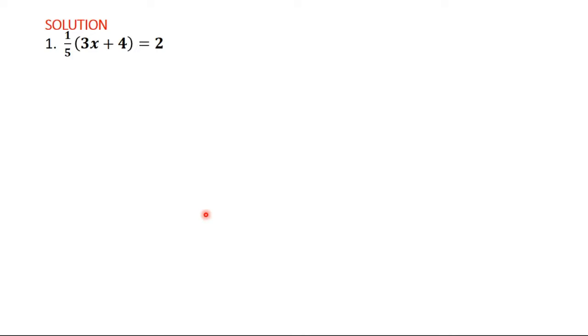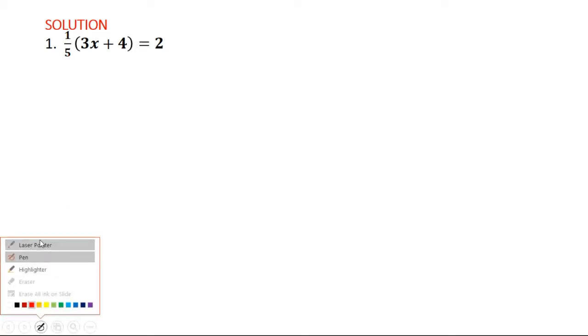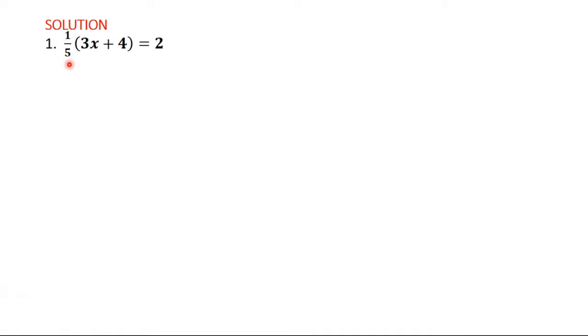So the first step you need to do is to first identify the fractions in the equation. In this equation, we have only one fraction, which is 1 over 5. Now the denominator of the fraction is 5.